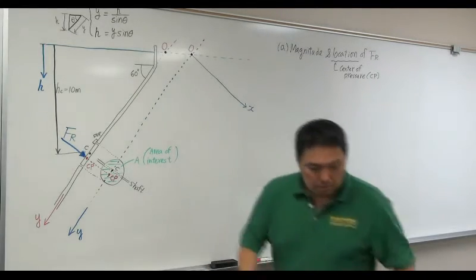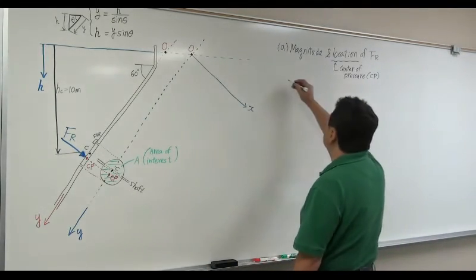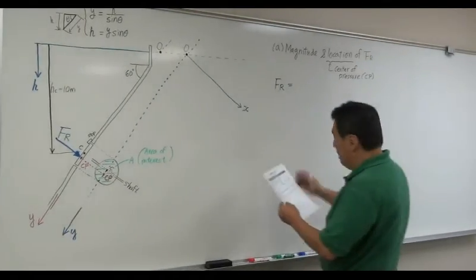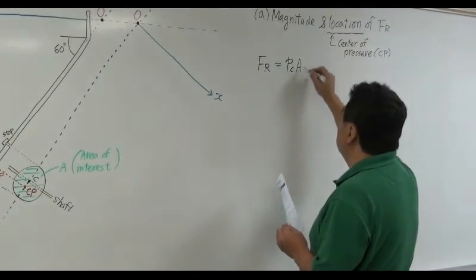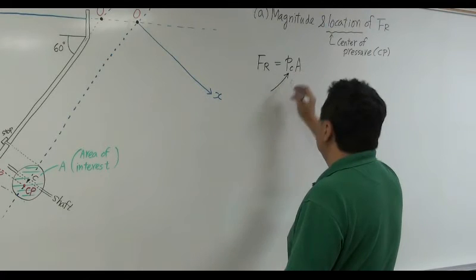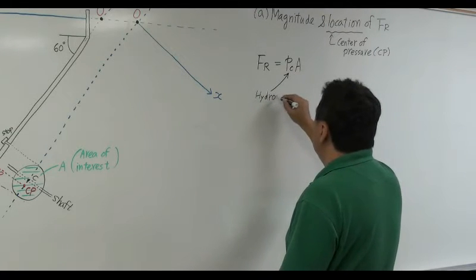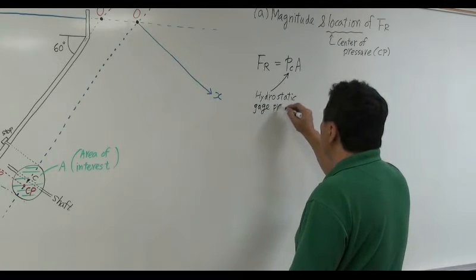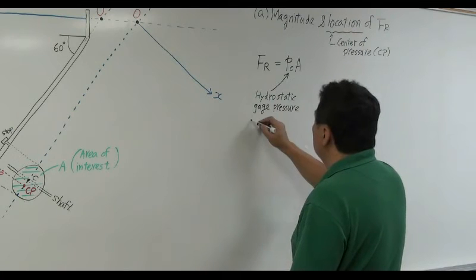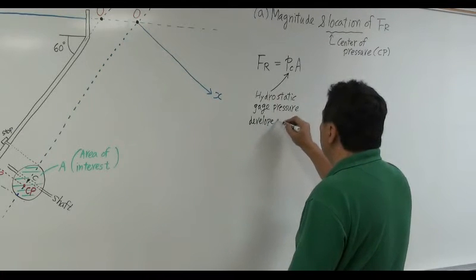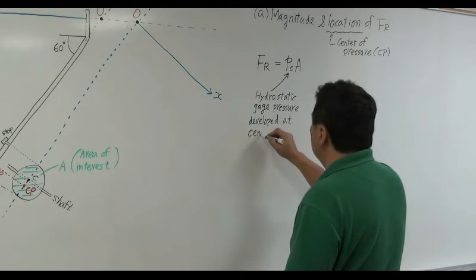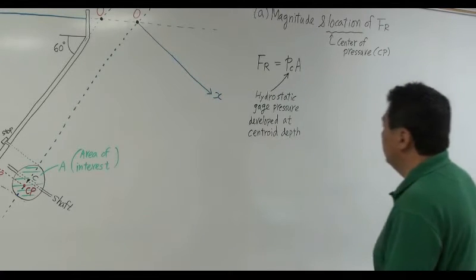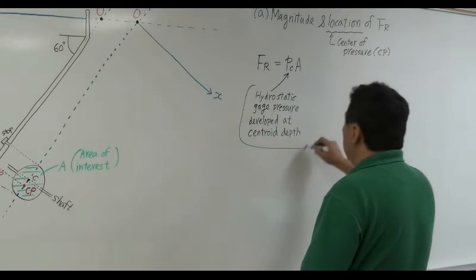Okay? So of course we are going to apply the equation. The magnitude of the hydrostatic resultant force is PC times A. A very simple equation. This PC is the hydrostatic gauge pressure developed at the centroid depth. That's PC.